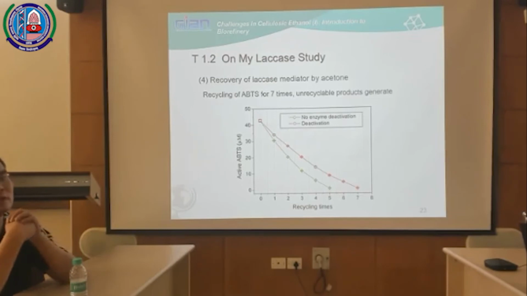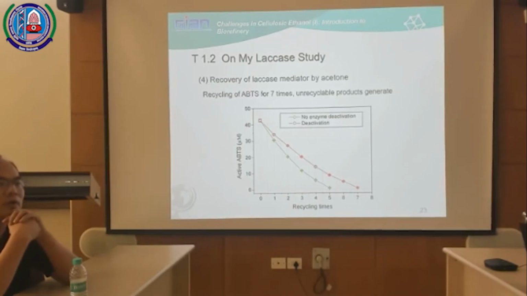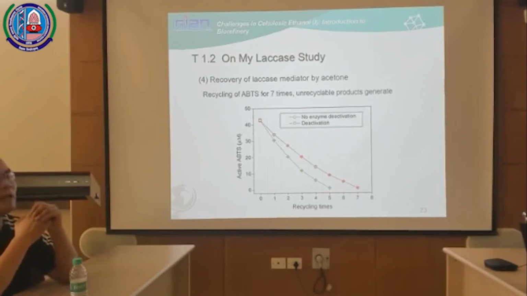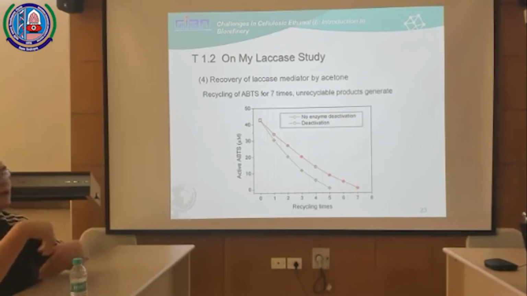In my experiment, the enzyme cannot pass the membrane, but acetone and the mediator will pass through it. We have another way: we can force the evaporation. With vacuum conditions, we evaporate the acetone first, and then we concentrate it.